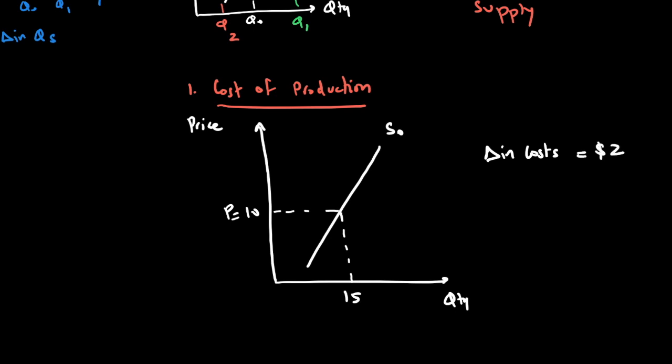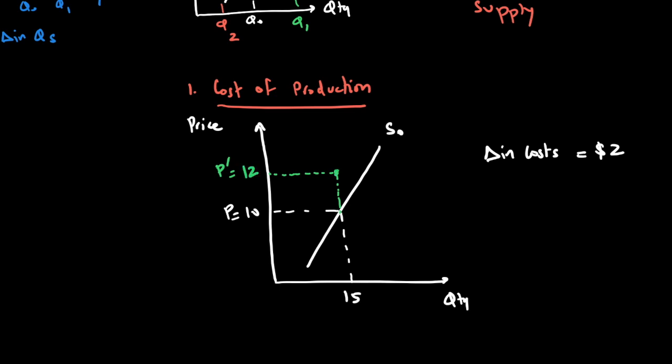Okay, so what will happen if there's a change in cost? Well, now for $10 if they were making 15 units, now for the same 15 units they will now incur a cost of $12. So for 15 units the price should go from P to P dash, from $10 to $12.